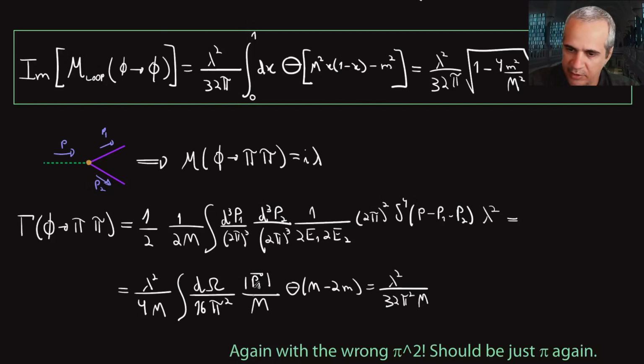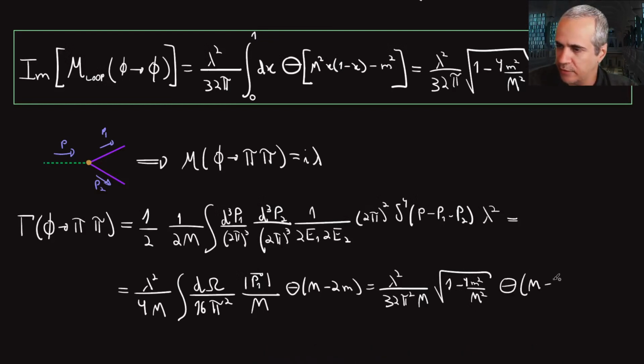This guy, you can put a power of m inside, and he becomes just the square root of 1 minus 4m squared over big M squared, and this theta stays there.